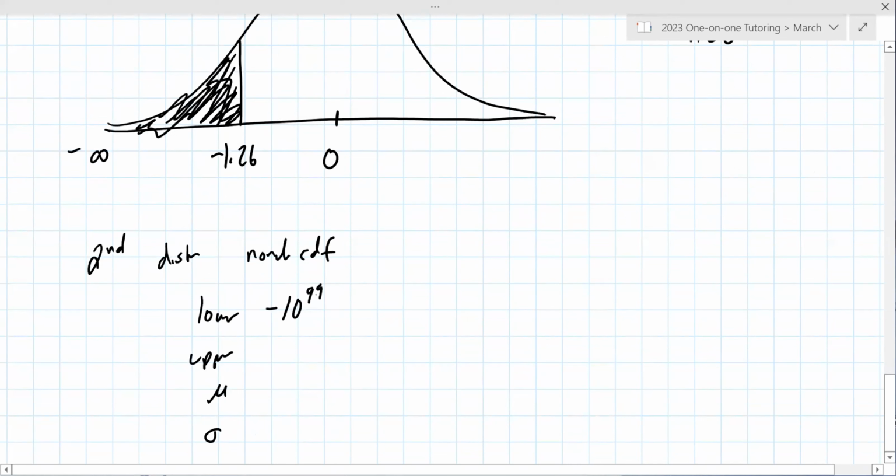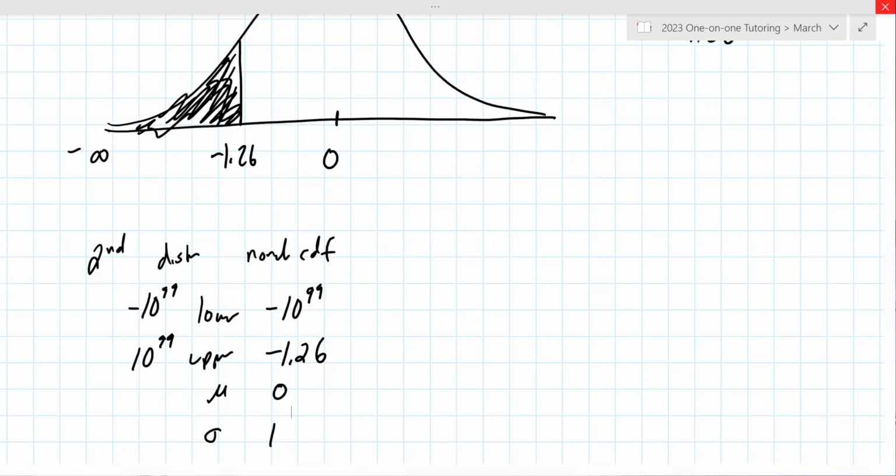So if you don't know the lower, you use minus 10 to the 99. And if you don't know the upper, you use 10 to the 99. But in this problem, we know the upper. The upper is minus 1.26. Mu is still 0 and sigma is still 1.